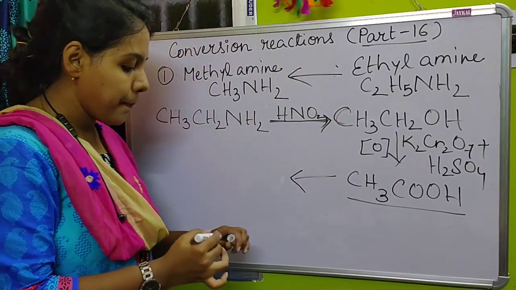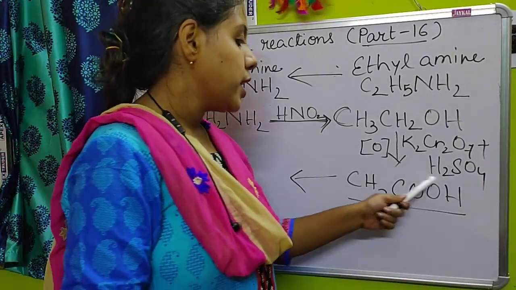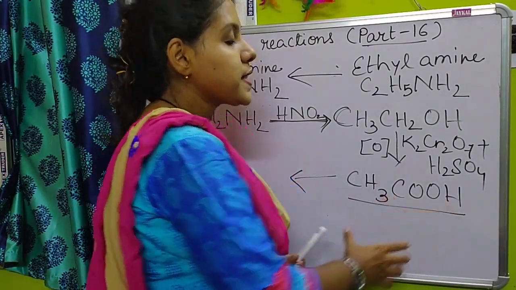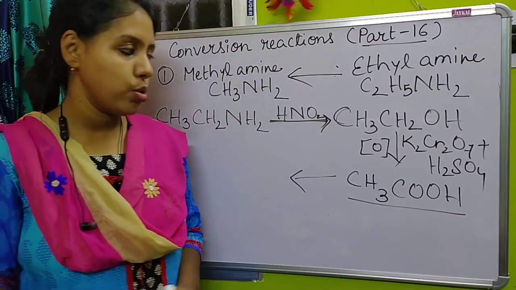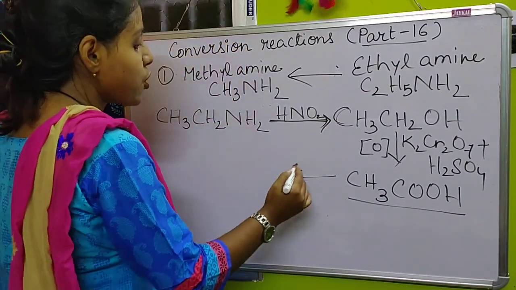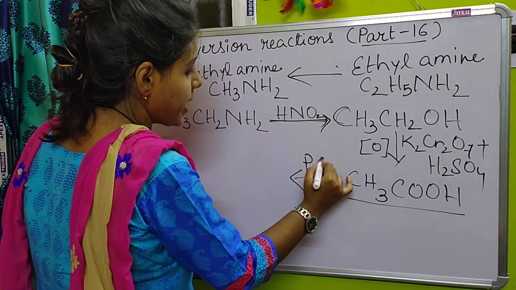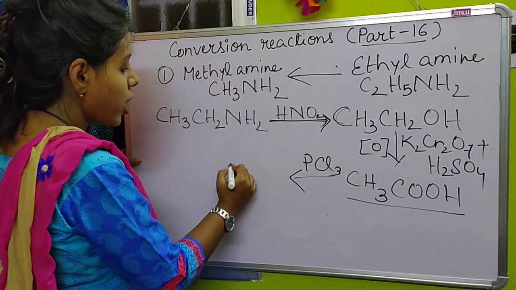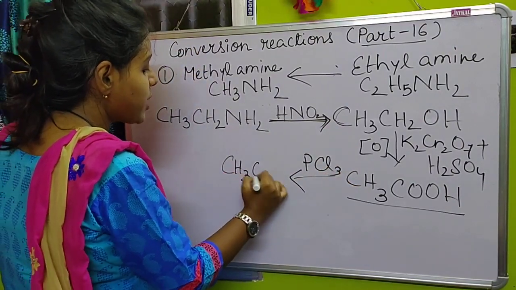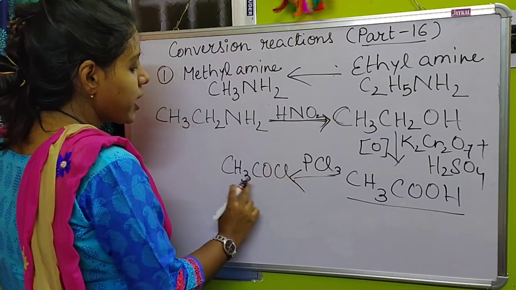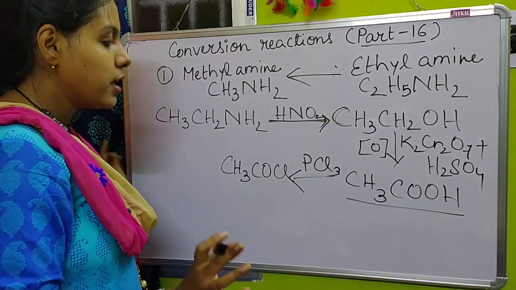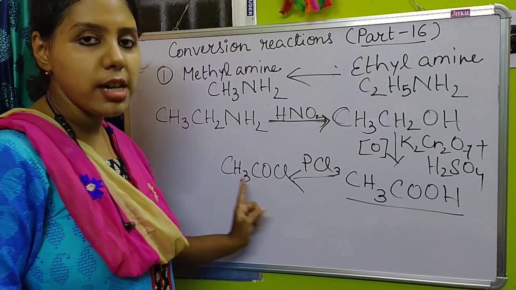In the next step, we have to convert this compound into a CONH2 compound. For this purpose, first you add PCl3. CH3COOH will be changed into CH3COCl, acetyl chloride.